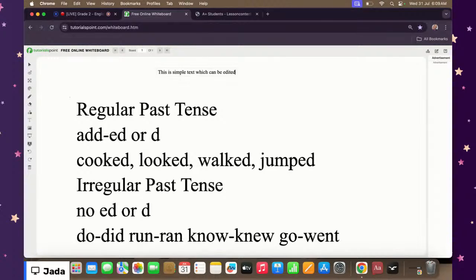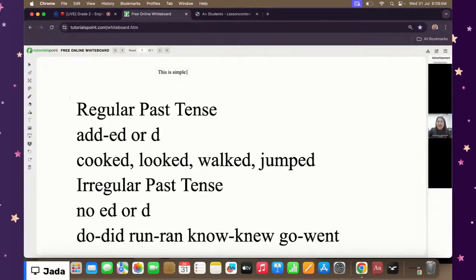Now, you cannot say go and add ed, as in goed, like this. That's incorrect because we have nothing like this. You cannot add ed to go. Okay, you cannot say this. This is wrong.